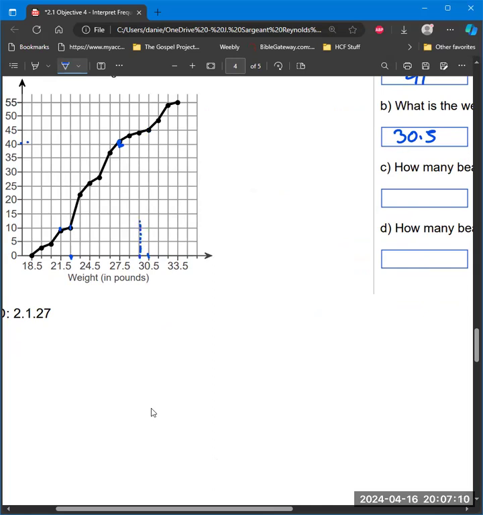Let me erase my other markings here so we can see this as clearly as possible. 29.5, I'm going to come over here, and this is just below 45, so I think I'm going to call that 44, and then subtract, and then this one looks like it is right there on 10, and so I'm going to find the difference there, and that's 34.